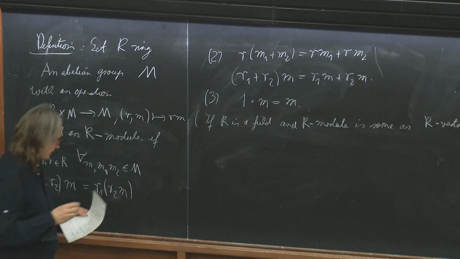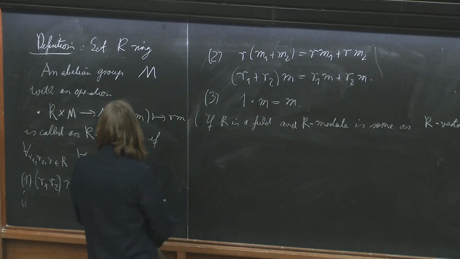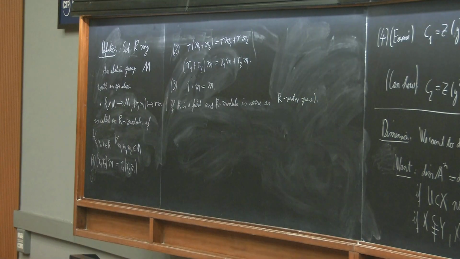Now, an R-module is finitely generated if it satisfies the analog of being a finite dimensional vector space.